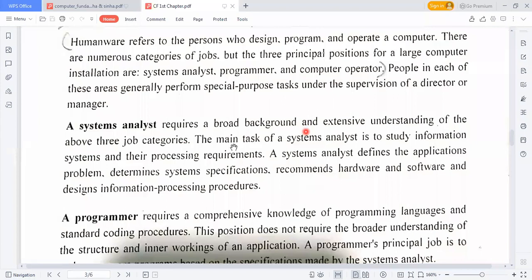The main task of a system analyst is to study information systems and their processing requirements. A system analyst defines the application's problem, determines system specifications, recommends hardware and software, and designs information processing procedures. So a system analyst must have knowledge about the computer.